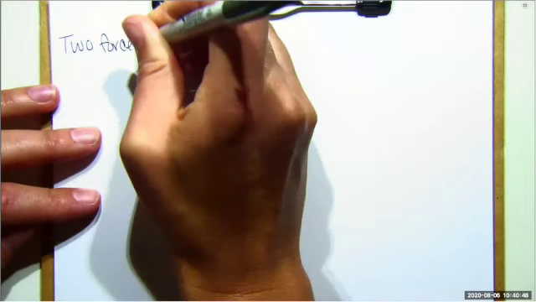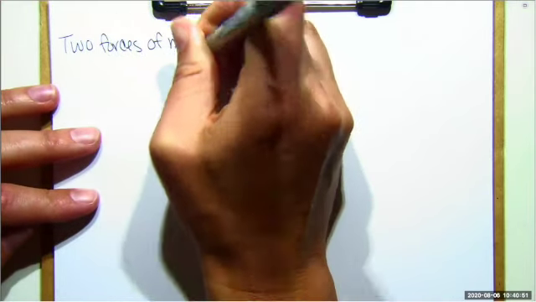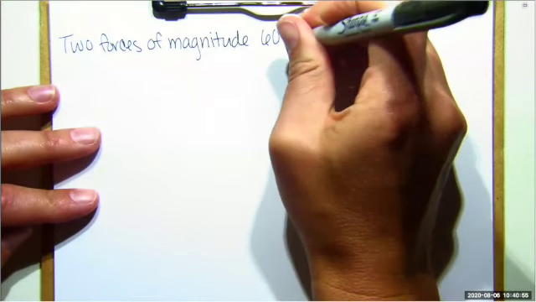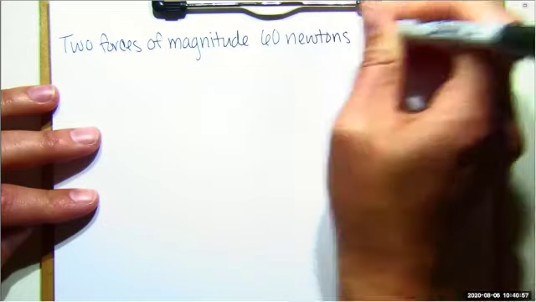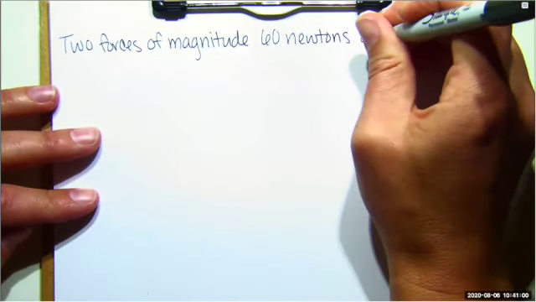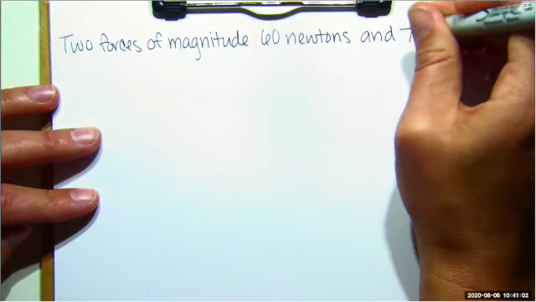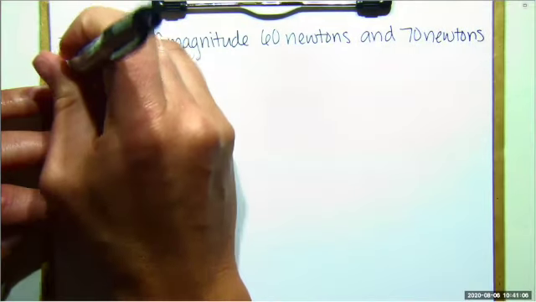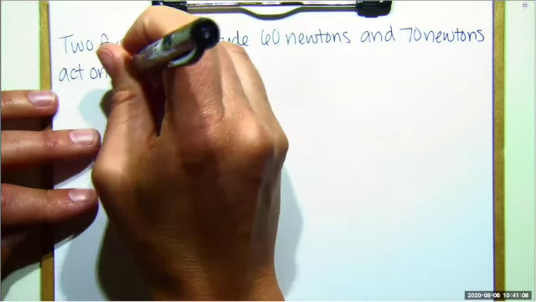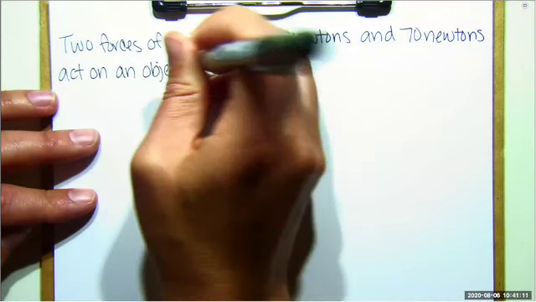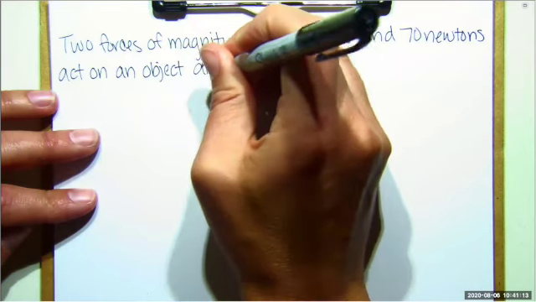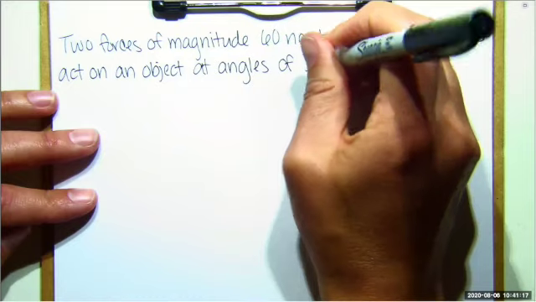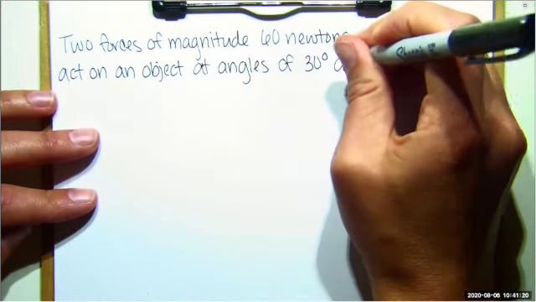Two forces of magnitude 60 newtons, so a newton is a measure of force, and 70 newtons act on an object at angles of 30 degrees and negative 45 degrees.